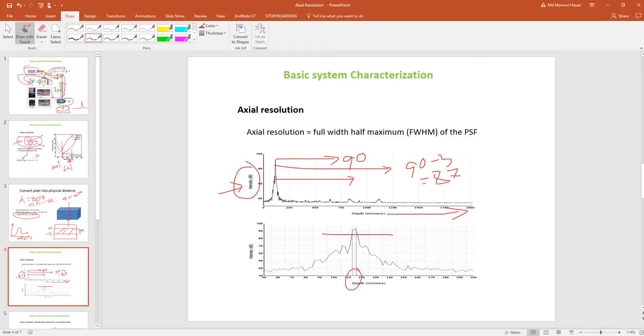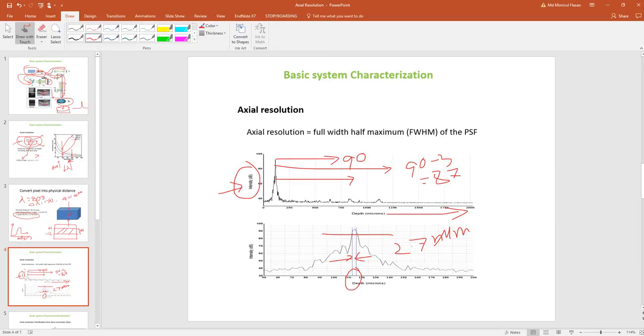So 90 minus 3 equals 87. We look at the width of the peak at 87 dB, the distance between these two points. For our case we found this to be around 2.7 microns. In this way we are able to detect the axial resolution.